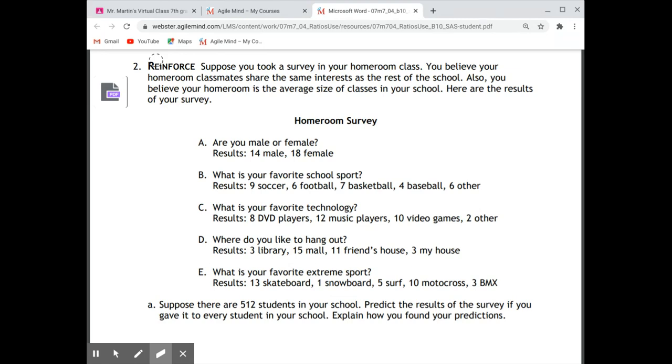Where do you like to hang out? 3 library, 15 mall, 11 friend's house, 3 my house. What is your favorite extreme sport? 13 skateboard, 1 snowboard, 5 surf, 10 motocross, 3 BMX. Do I read 8?